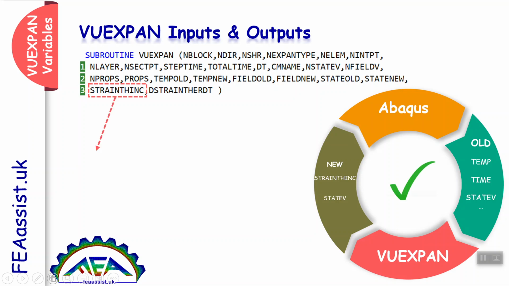Strain thermal increment: delta L per L0 equals thermal expansion coefficient multiplied by delta T. So this thermal strain needs to be written and defined in the VUXpand subroutine.